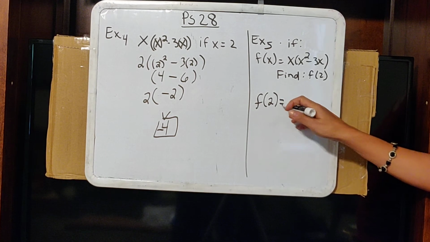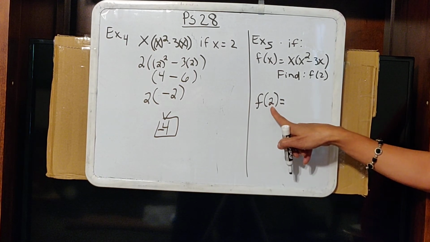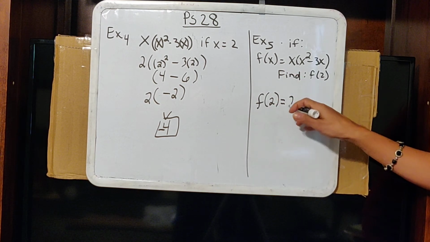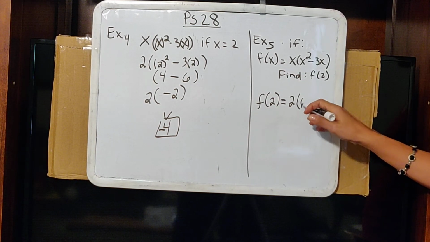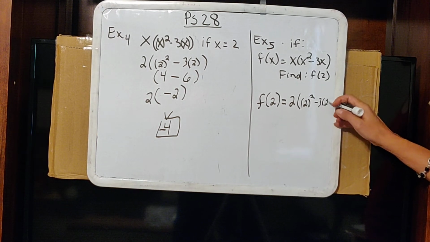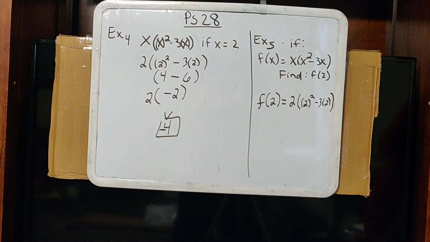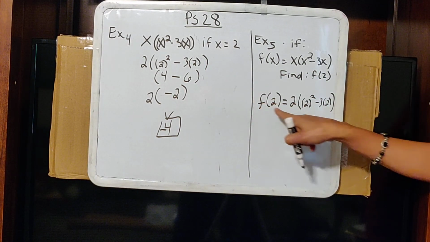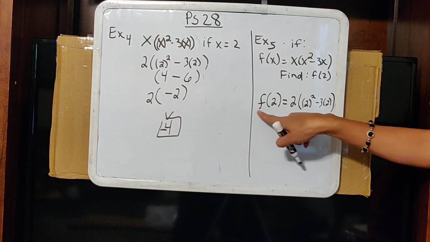Now this is telling me what my function is. F of 2 equals, wherever there's an x, I'm going to put a 2, 2 squared minus 3 times 2. So now you can see that this is going to be the exact same thing. The only difference is the way we notate it.